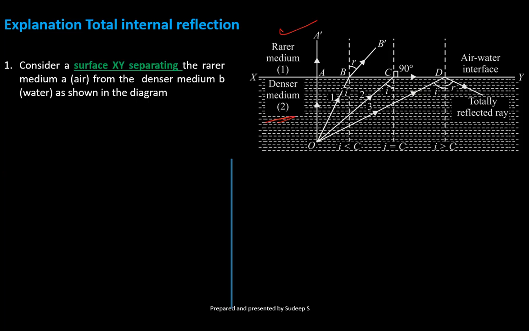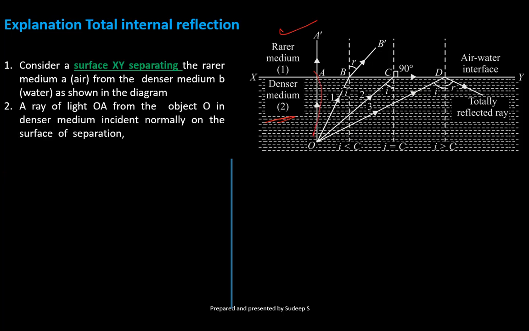As you can observe, a ray of light OA from the object O in the denser medium is incident normally on the surface of separation, and gets refracted into the rarer medium along AA dash.